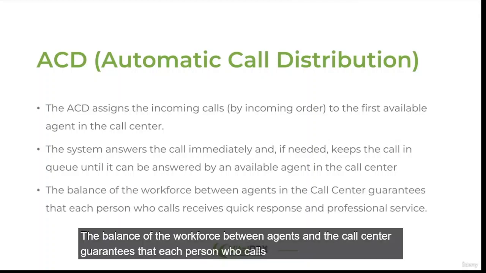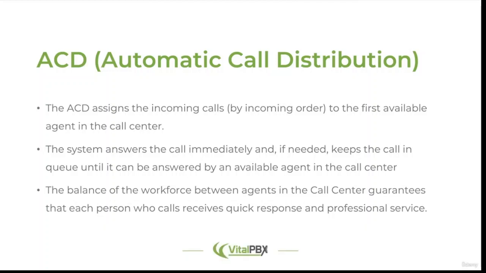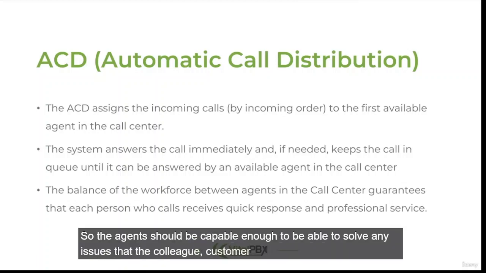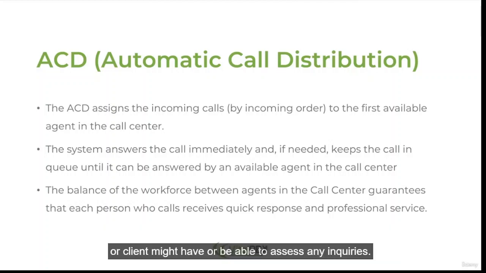The balance of the workforce between agents in the call center guarantees that each person who calls receives a quick response and professional service. So this is what we mean by terminal calls. The agents should be capable enough to solve any issues that the calling customer or client might have, or be able to assess any inquiries.